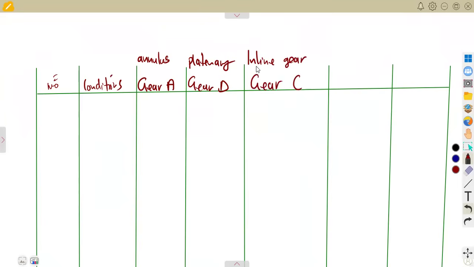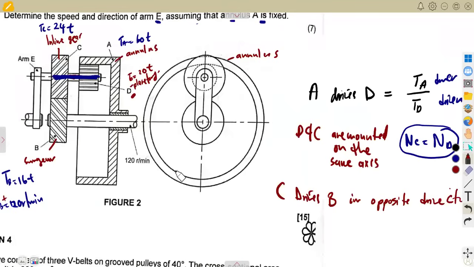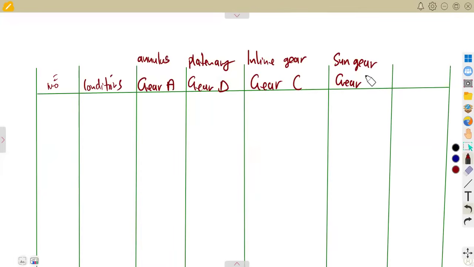Then from there, you move on to the sun gear. So the movement that you have on the deck is the same that you must have here, so it's going to be easier for you. The sun gear was our gear B, according to our information. The sun gear is our gear B. It is the same as we had from A up to the last one in that movement.